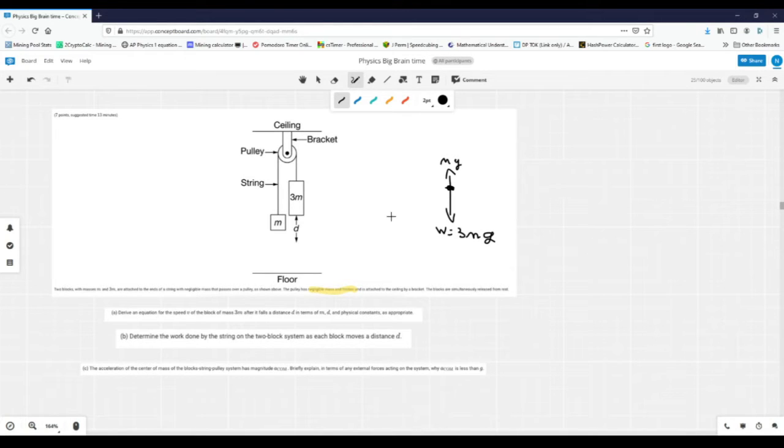Okay, so if this is our free body diagram of the 3M block, what would the next step be to approaching the velocity v? Do we use kinematics? Not yet. Not yet. Can I ask a question?